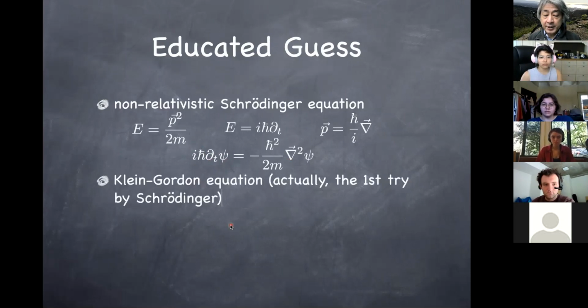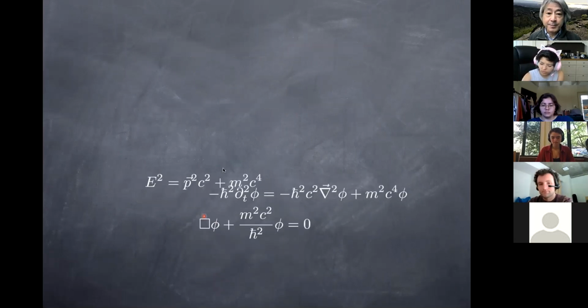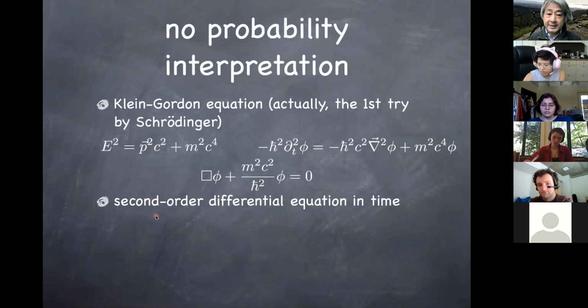But the Klein-Gordon equation is a second order equation in time. So it turns out phi cannot be interpreted as a probability wave. That's the point I wanted to make on this slide.